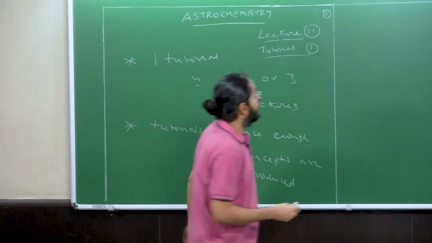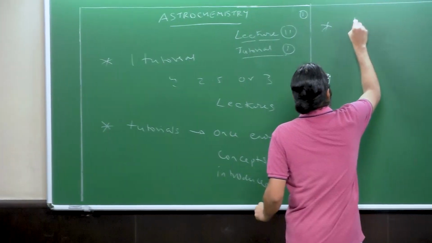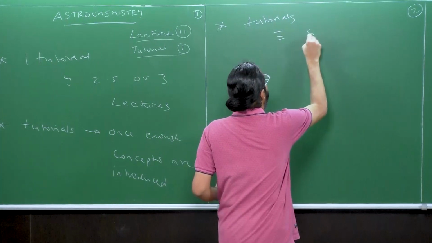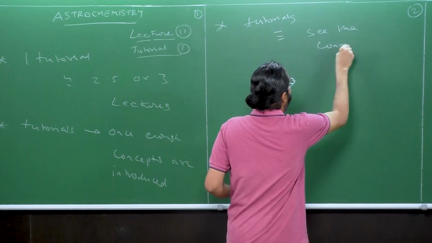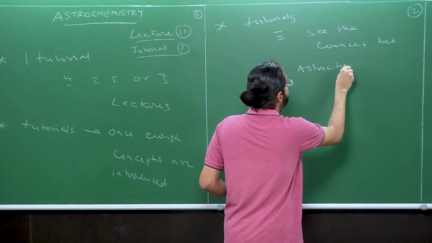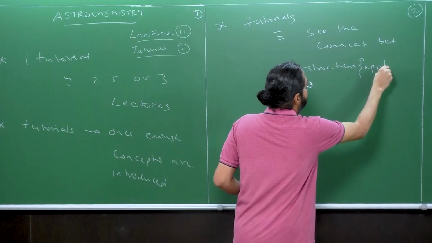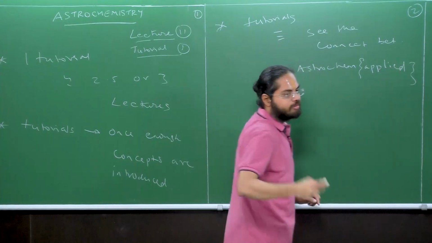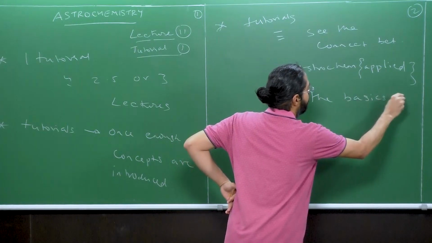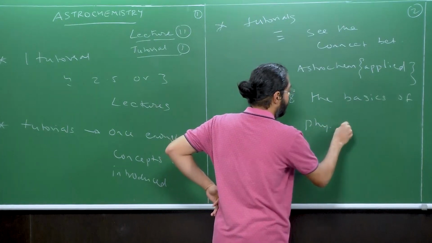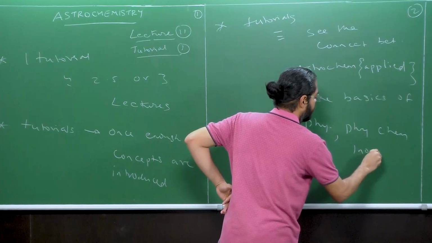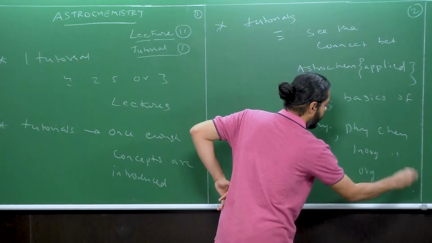Okay, that's it. And again, I want to write this explicitly. In the tutorials, we shall explicitly see the connect between astrochemistry, which is an applied science, and the basics of physics, physical chemistry, inorganic chemistry, and organic chemistry.